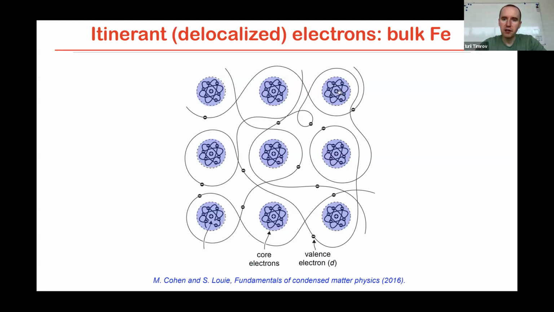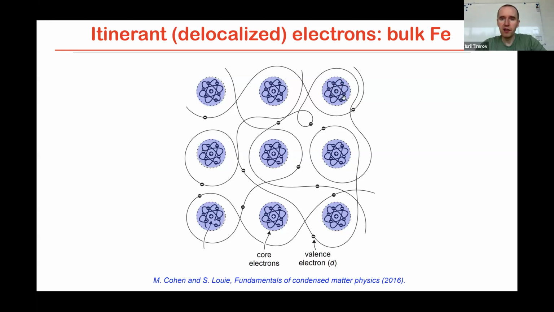These are called core electrons, such as 1s, 2s, 2p, 3s, 3p, and so on. They're the closest to the nucleus, and they're very bound. They stay close to the nucleus. They don't go away.